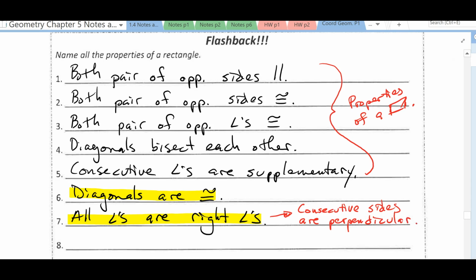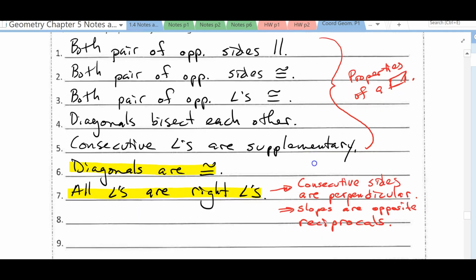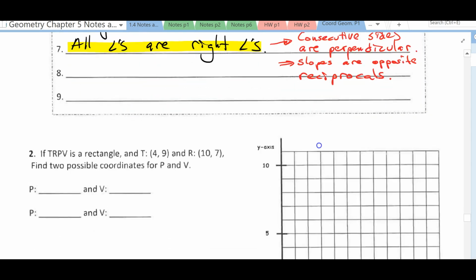So if we're looking at this in terms of our coordinate geometry unit, if we have sides that are perpendicular, that means that their slopes are opposite reciprocals. That's how we're going to prove that consecutive or adjacent sides are perpendicular, forming right angles. Alright, so let's move on to this example here.